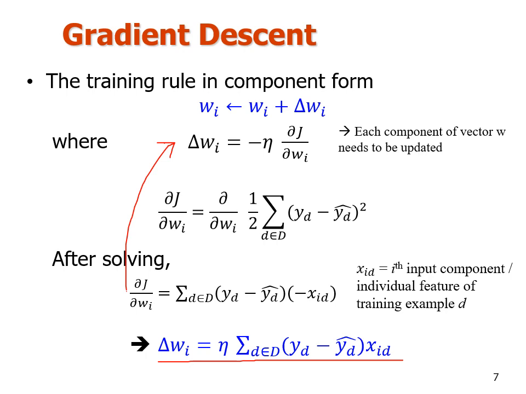So as I mentioned, this xid is the ith input component or ith individual feature of the training example. So we have x0, x1, x2 as inputs for the perceptron. So this xi is nothing but that value for a particular sample d.